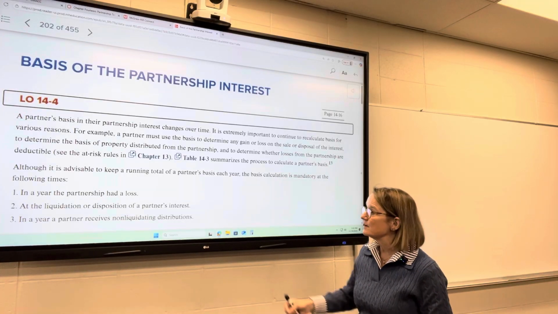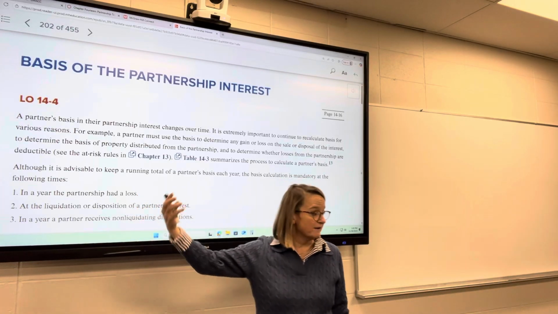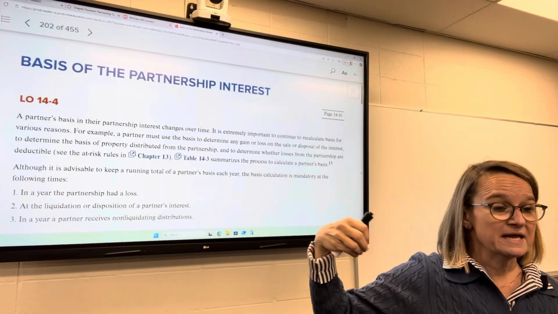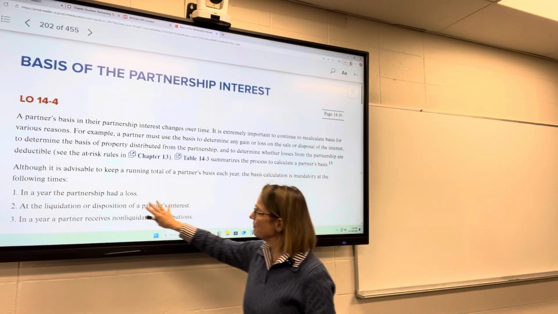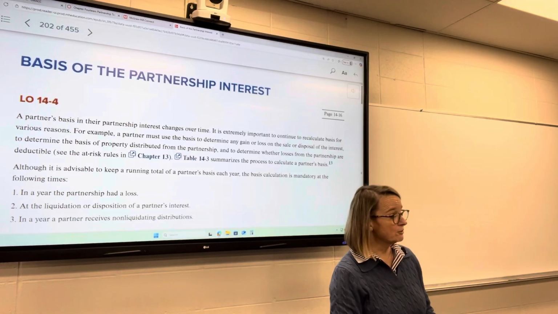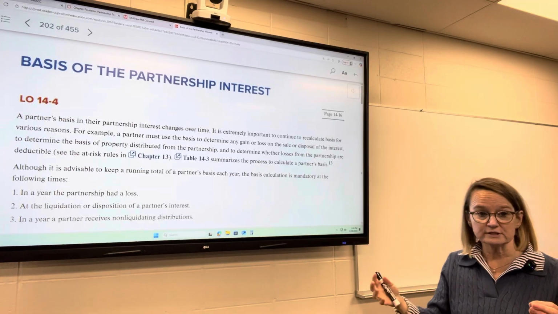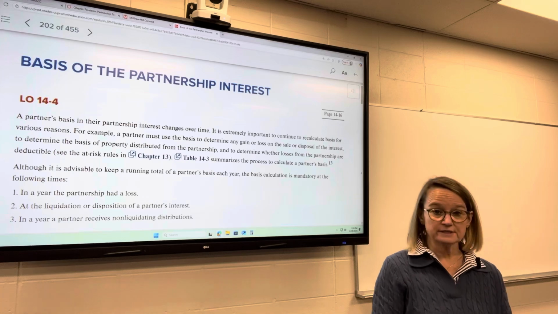in the partnership, because if we have any distributions, we have to determine how those distributions may be taxable or not. Also, if the partnership has a loss, the partner's basis in that partnership will determine whether or not the partner can actually take advantage of that loss in that current year.